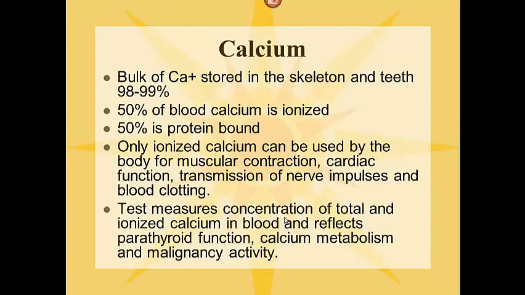It is used for muscular contraction, is actually needed as a metabolite, for cardiac function, transmission of nerve impulses, and the test measures concentration of total and ionized calcium in blood and reflects the function of parathyroid and also malignancy.